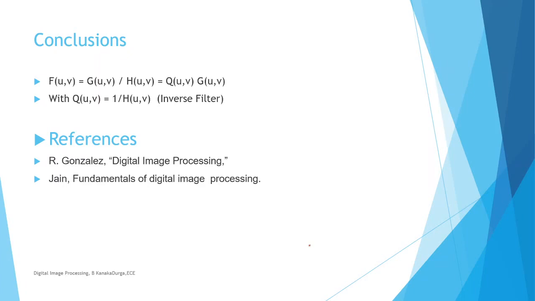At that time the value of F(u,v) goes to infinity, and if any noise is present, it is going to be amplified. In order to avoid that problem, we discussed pseudo inverse filtering. In the pseudo inverse filtering, the condition is that the modulus of H(u,v) should be greater than or equal to a certain threshold value T. Then only we consider Q(u,v). Otherwise, we consider Q(u,v) as 0 for estimation of the images.